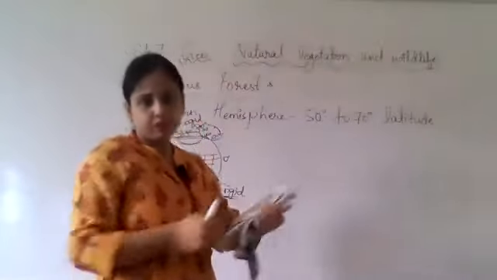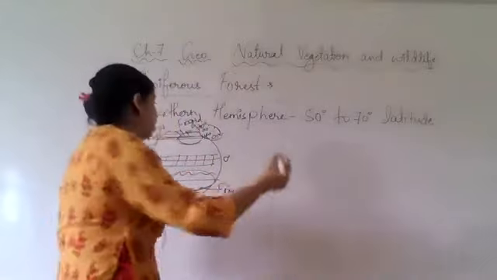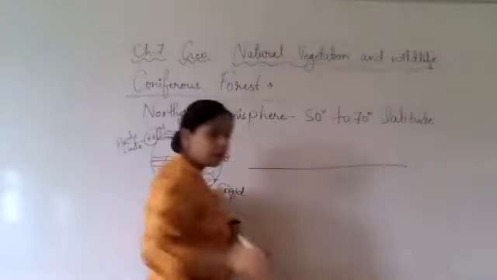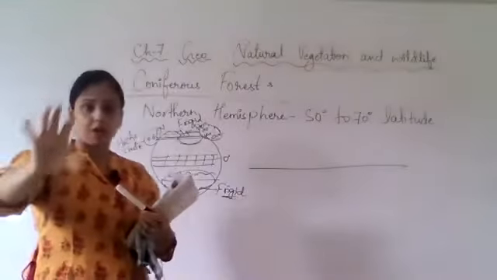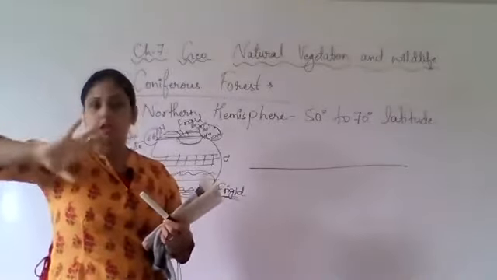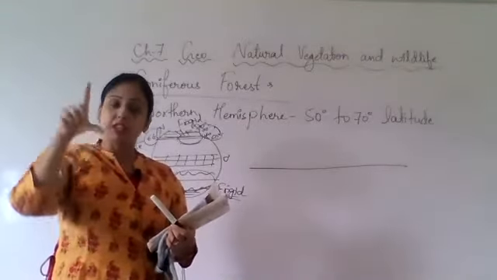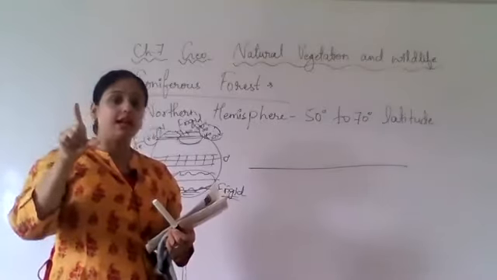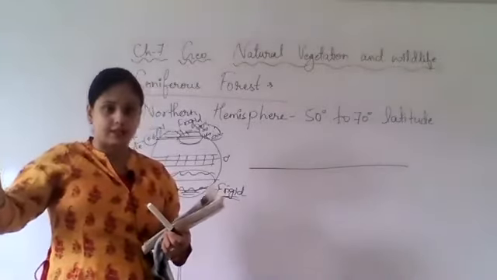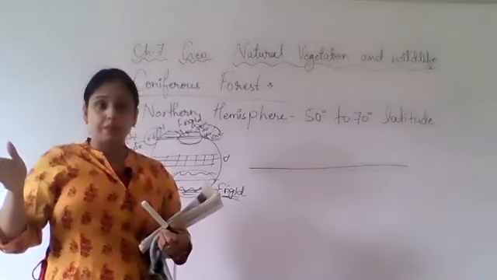So where will the forest grow, Ahana? When you are talking about why it grows in the northern hemisphere, first of all, it grows in 50 to 70 degree latitude, and with that latitude you can understand that they grow in the cold region.